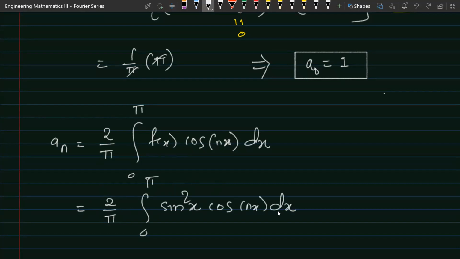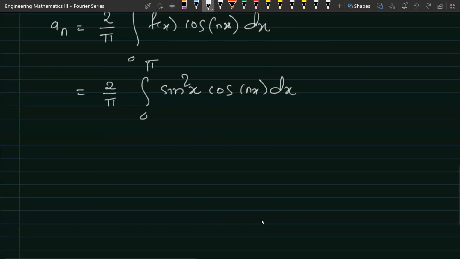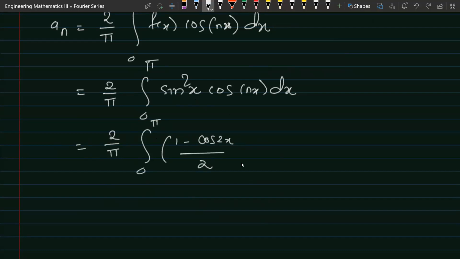We don't have a direct integral for this. Again, we are not able to use the u into v result. Better, trigonometry always helps us. So we convert this sine square x with the help of the previous formula we used: 2 upon pi, 0 to pi, 1 minus cos of 2x divided by 2 into cos of nx, because we have the formula for cos a cos b.